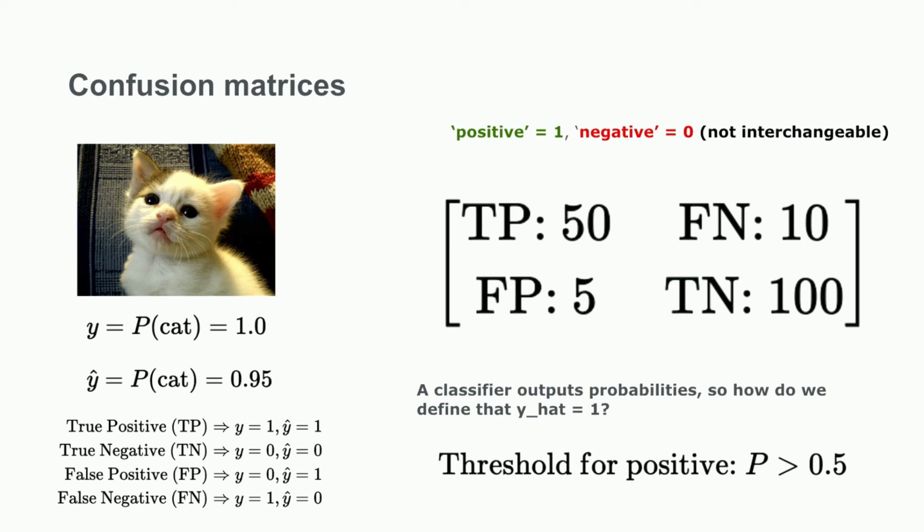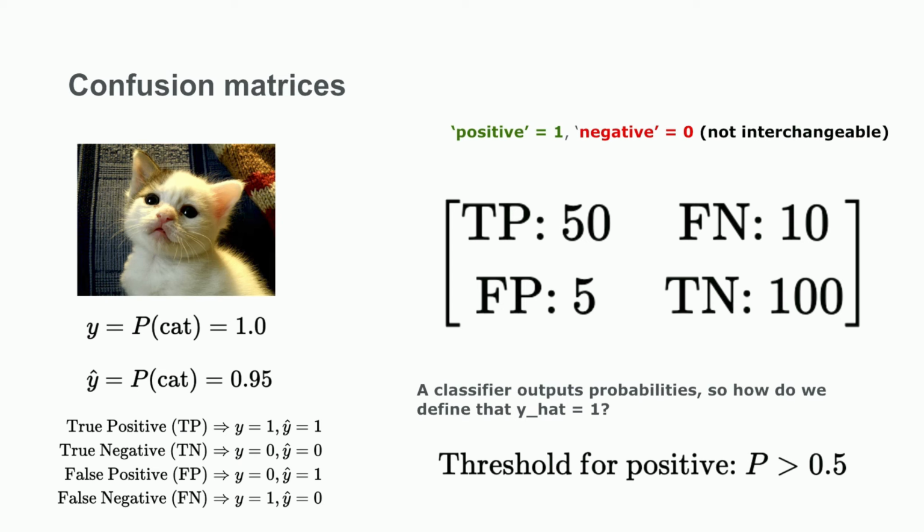This confusion matrix would be this evaluation of what is a true positive, which means when we have agreement between y hat equal 1 and y equal 1. Also, how many true negatives we have, which is the agreement between 0 in the prediction and 0 in the ground truth.